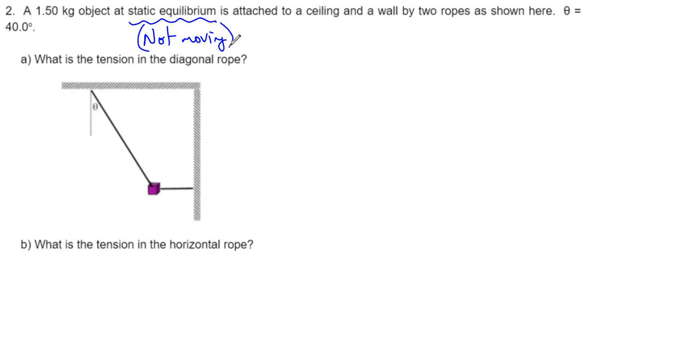Well, if it's not moving, that means that we know a few things. The tension means that we have a force acting in the up direction, because it's pulling it up towards the ceiling. We have a force moving left, and then we have a force moving right. And then, of course, we have the force of gravity going down. So we have force of gravity, we have the force of tension in the x direction, and we have an equivalent force of tension in the y direction.